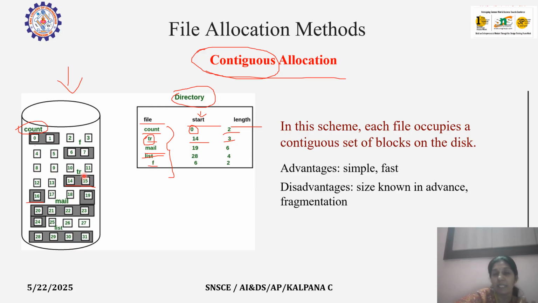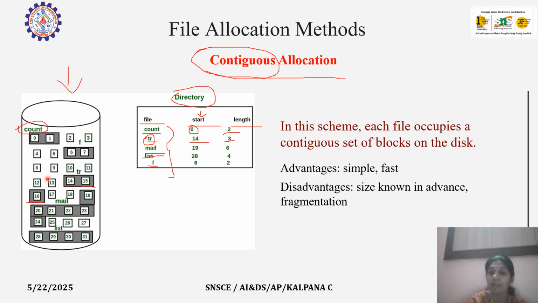If these blocks are not able to hold my large file, then I can't allocate the file to these blocks. That is the major disadvantage of contiguous allocation.